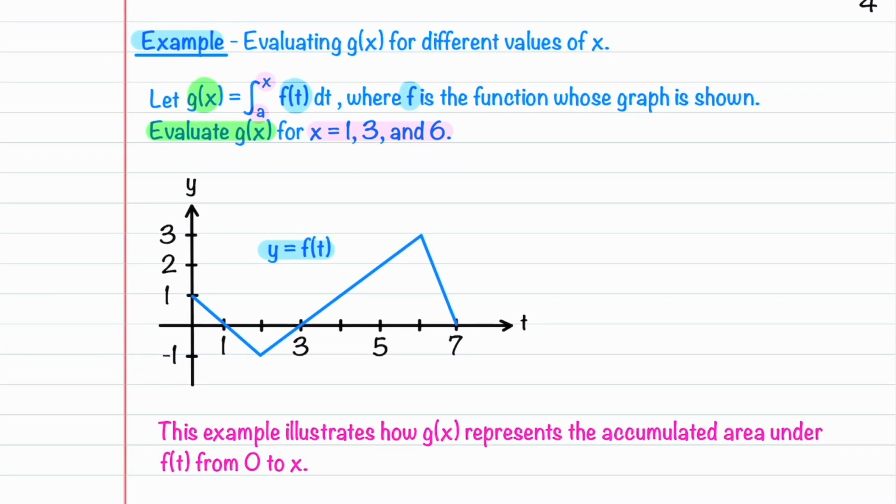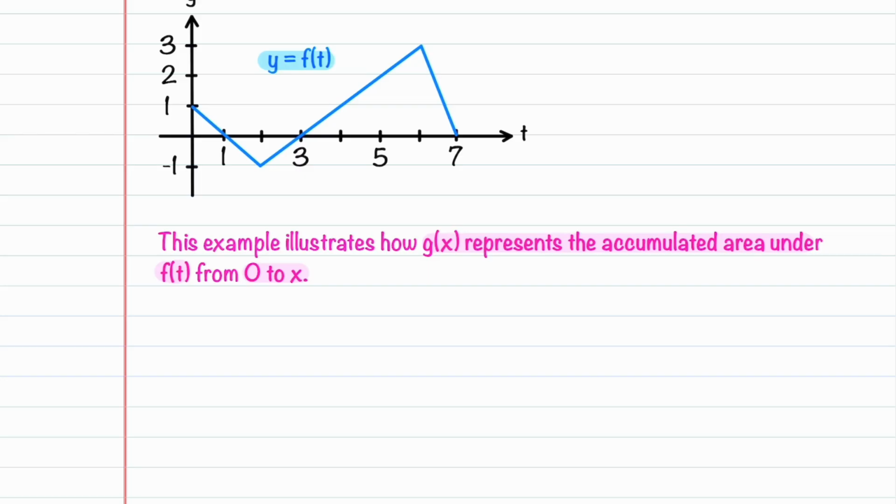This example illustrates how g of x represents the accumulated area under our function f of t from 0 to any point x. I'm going to go ahead and recopy what g of x is. Let's put it right over here. G of x is the integral from a to x of f of t dt.